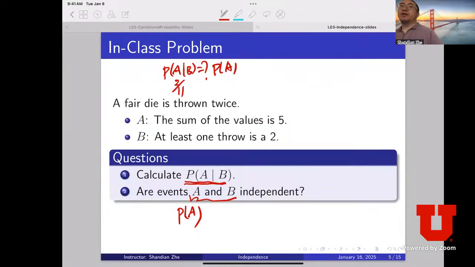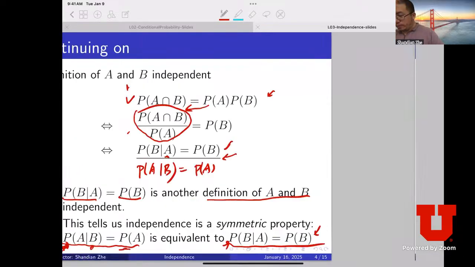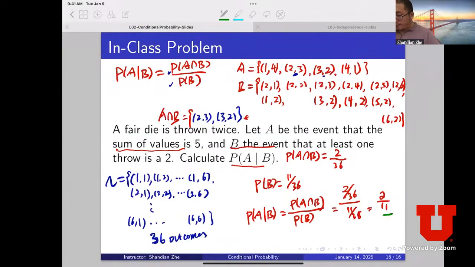So what's the probability of A? Let's take a look here. The size of A is 4. We just do this enumeration: there are 4 possible outcomes representing the event A, and the sample space has 36 outcomes.